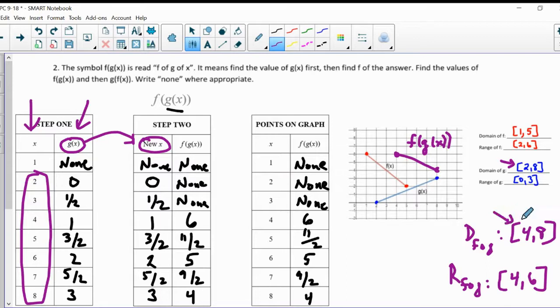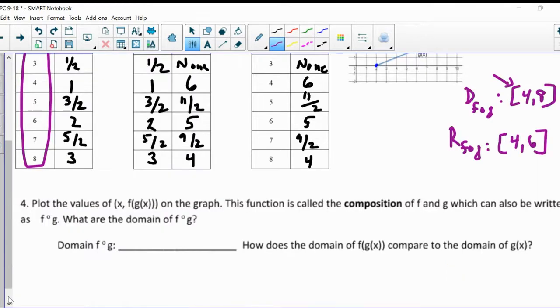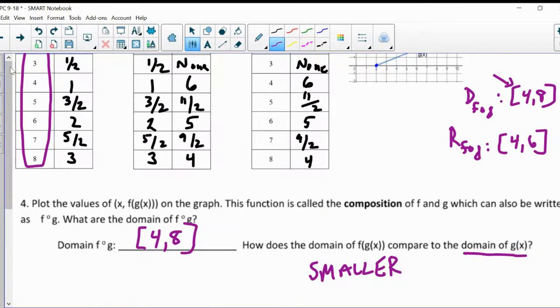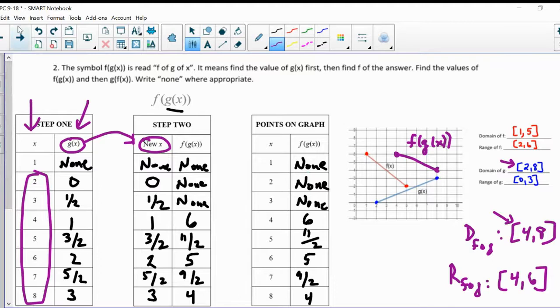But notice it got restricted even more. We'll talk a little bit more about the restrictions that are happening later. But what we need to notice is that the domain of f of g is 4 to 8, and it is smaller, or more restricted, than the domain of g of x. So that's something that we're going to keep in mind.